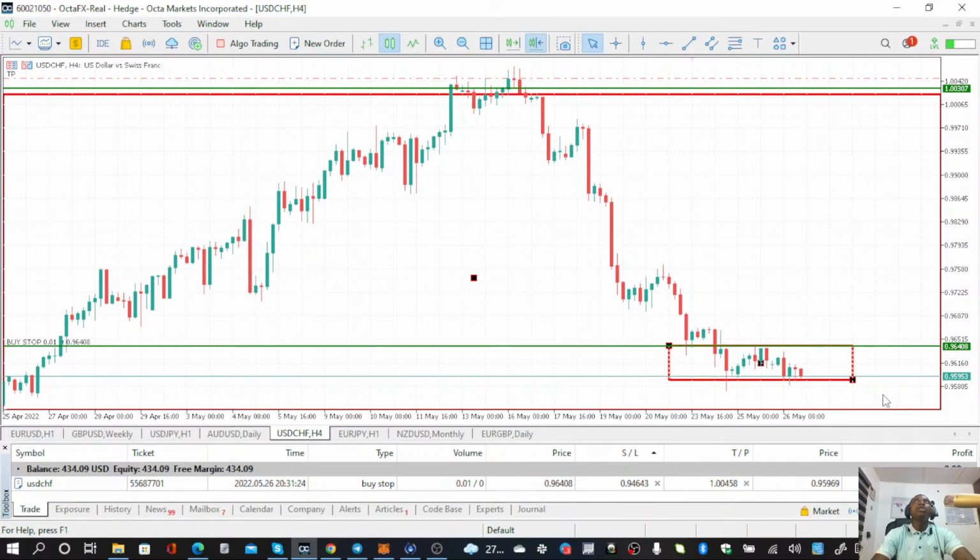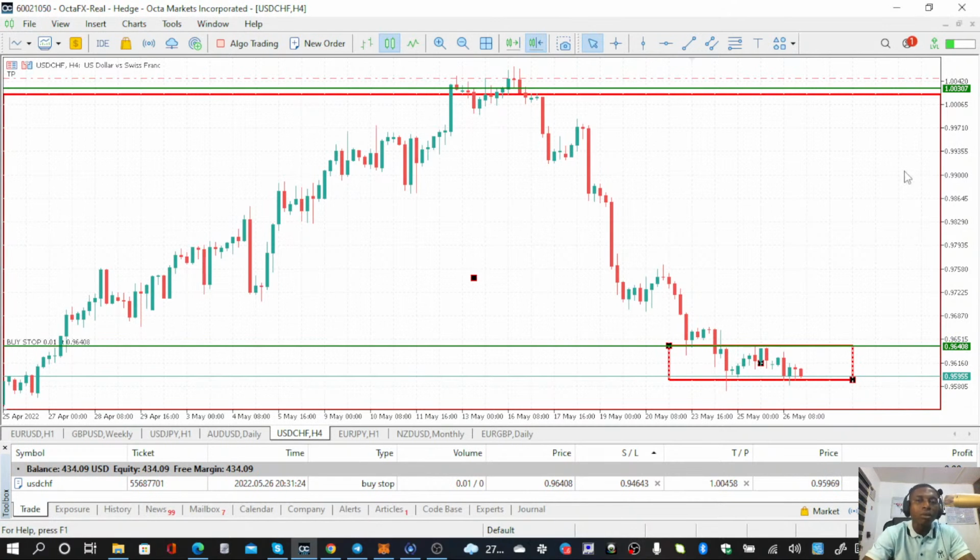So how do you determine stop loss and take profit? Like I used to say, your stop loss and take profit can be discretionary, which means you can just think of a place that you feel it will be okay for you to put your stop loss and your take profit. Another thing is that you can use support and resistance to measure the areas where you want to put your stop loss.